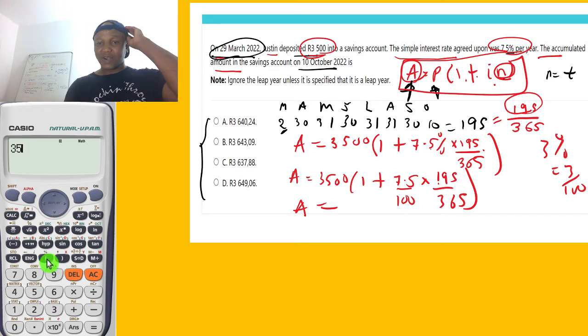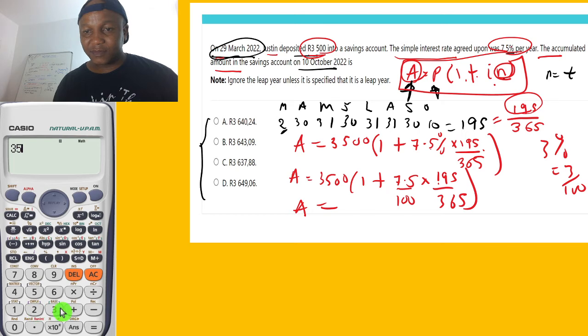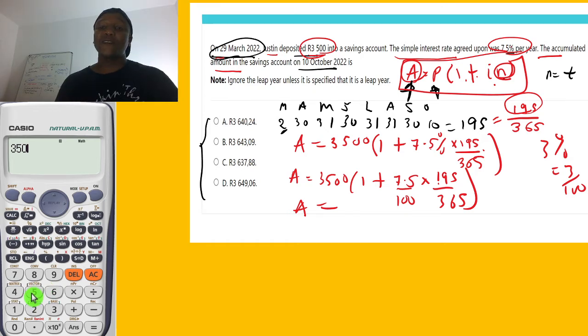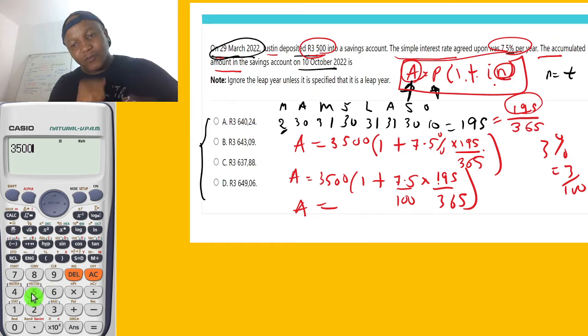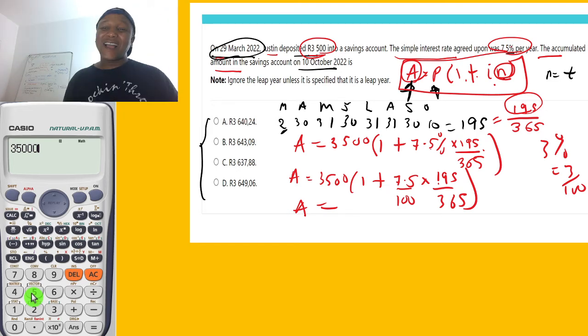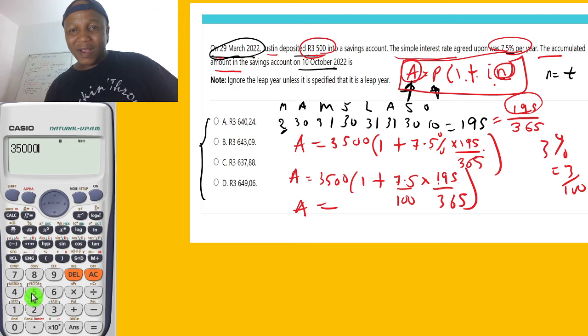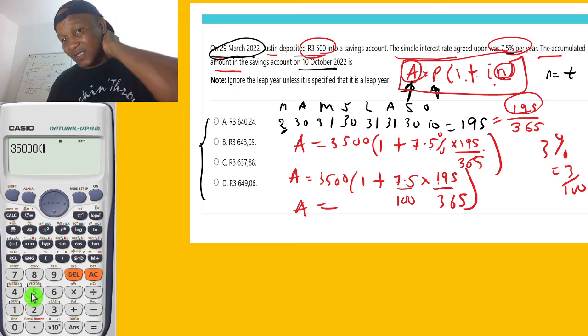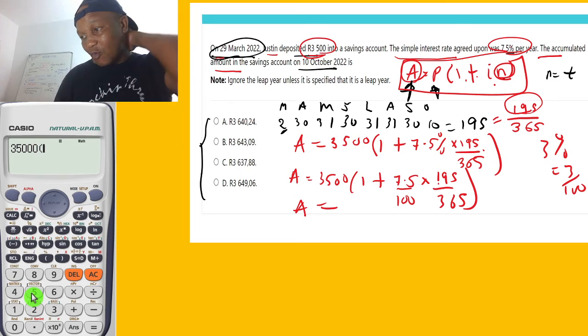Then we close the bracket, say 1, and then plus 7.5. Let me just wait for it to count. Hey, I'm just waiting for the calculator. Oh my God, okay, I know I made a mistake. I'm going to remove that zero very soon.